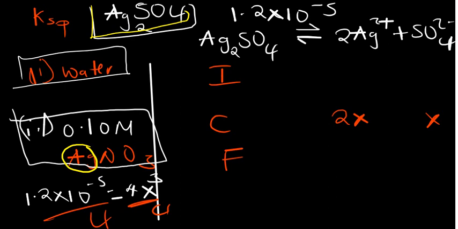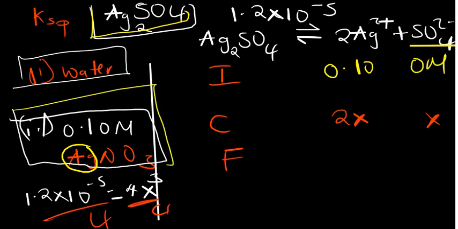So this concentration that we've been given, we are going to show it as the initial there, 0.1 for silver. Sulfate was not present in this silver nitrate, so it's 0. So we're going to have 2x plus 0.1, then the other side you have x there. So this is supposed to be raised to the power 2. Okay. So now, for this part, for information only, no need of ignoring the addition.